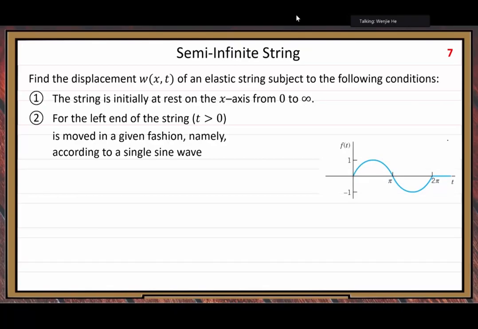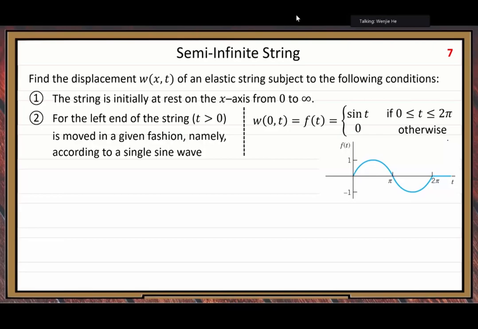We saw it before, but this function is used where x equals 0. So that's our first condition: W of 0, t equals this single sine wave function.